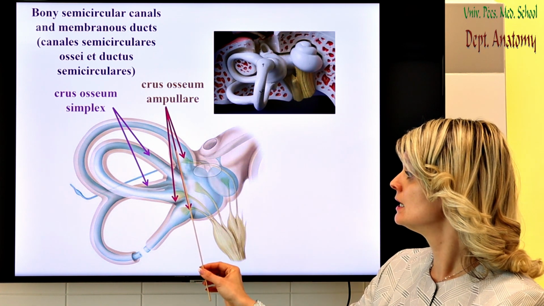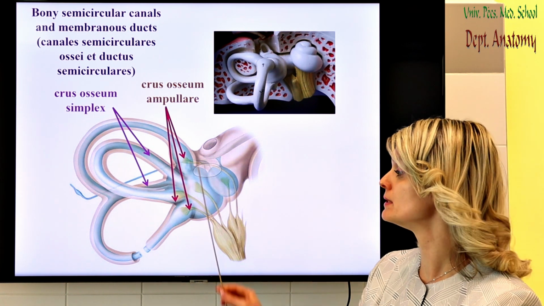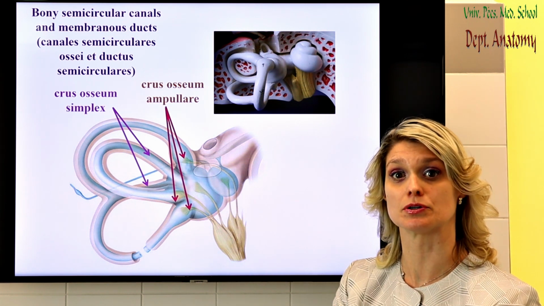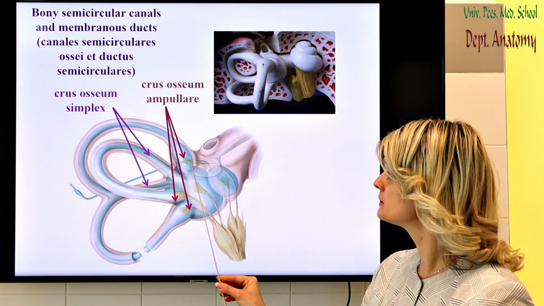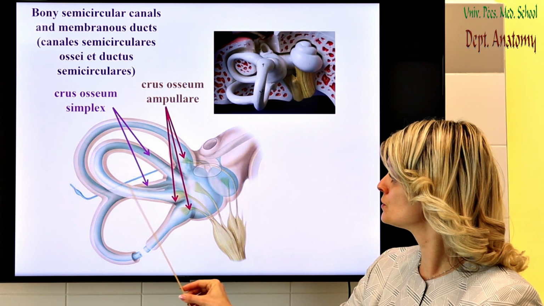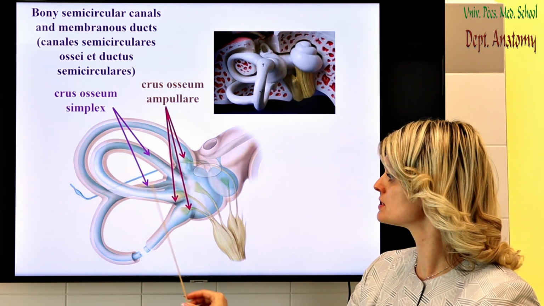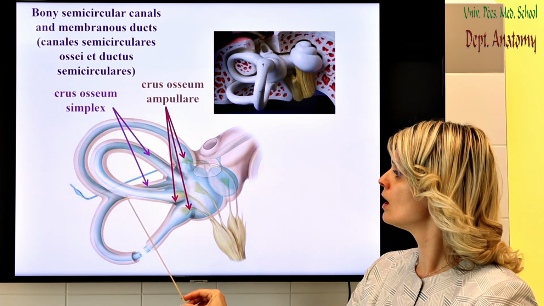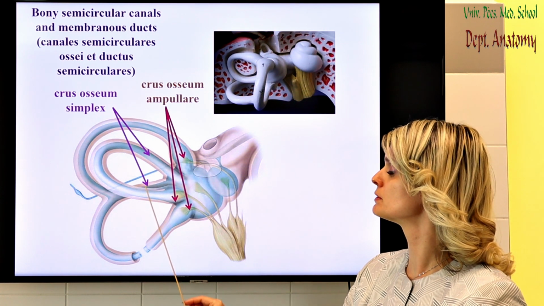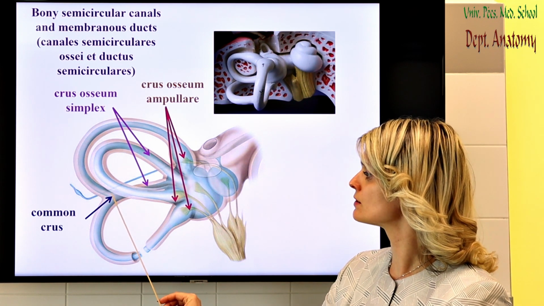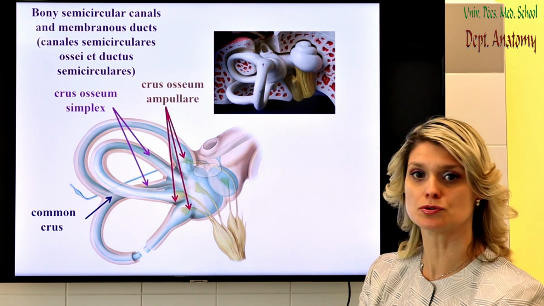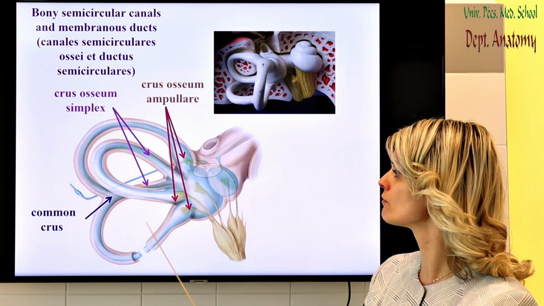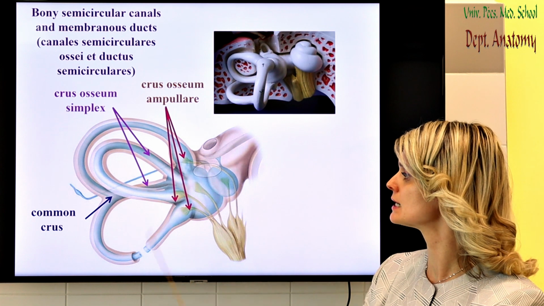You can see that we have three semicircular ducts, but the two simple parts of the semicircular ducts will be fused, and we have a common crus, the common crus of the anterior and the posterior semicircular canal.